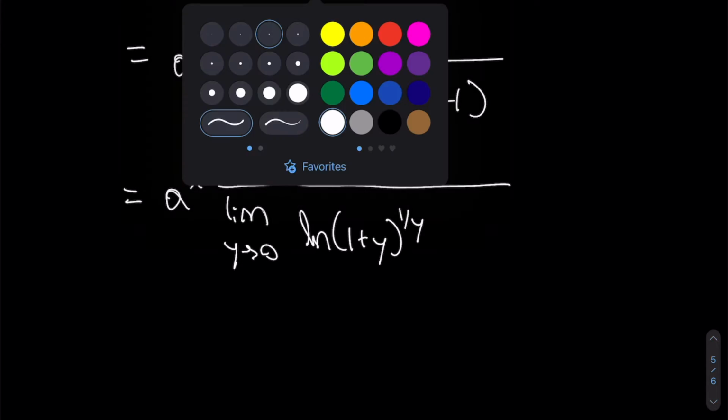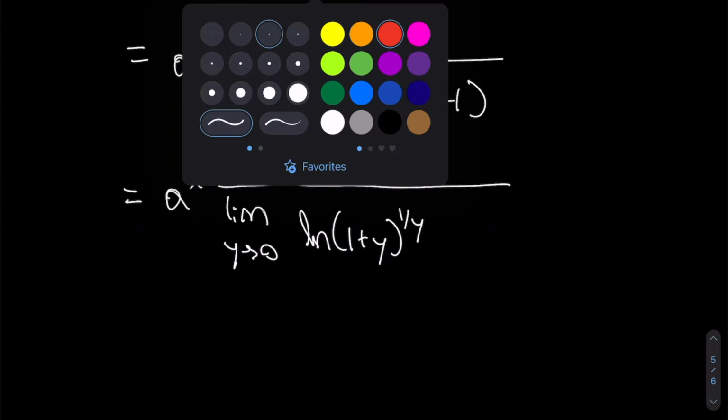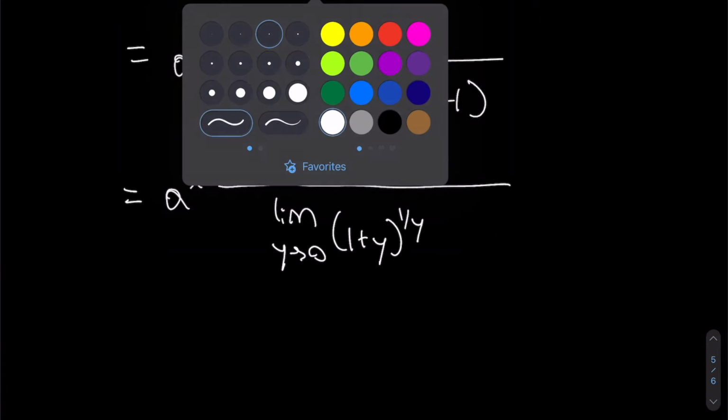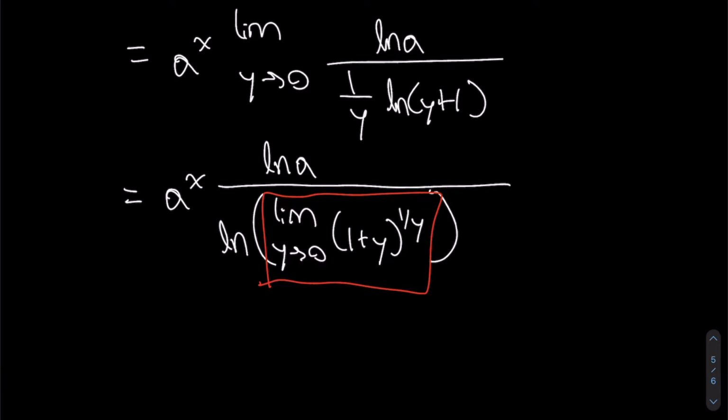Actually, let me bring the limit in one more time. Because a property of limits is that I can bring it into the function. So I can bring this limit into the logarithm. So I'll have the natural logarithm of this expression here. And there it is. This is the definition of e, Euler's number.